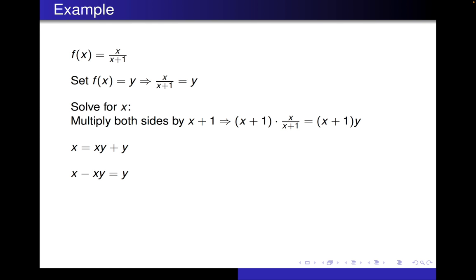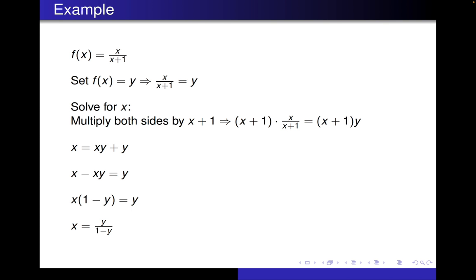I have a common factor of x in each of those terms on the left. I'm going to factor out an x from both of those terms. So when I factor out an x from x, I just get 1 left over. When I factor out an x from xy, I just have y left over. So I end up with x times 1 minus y. And now I can solve for x by dividing both sides by 1 minus y to get x equals y over 1 minus y.